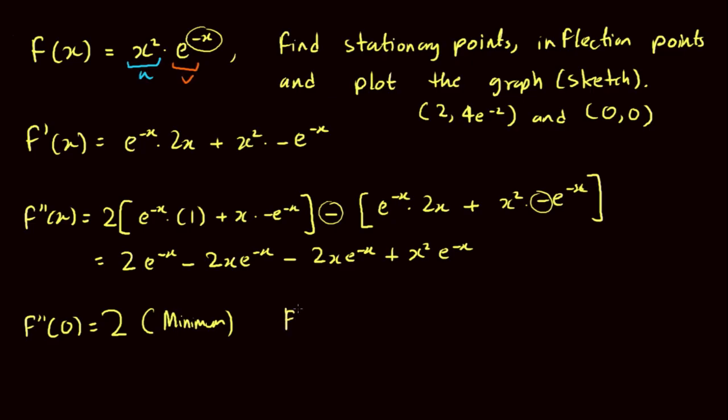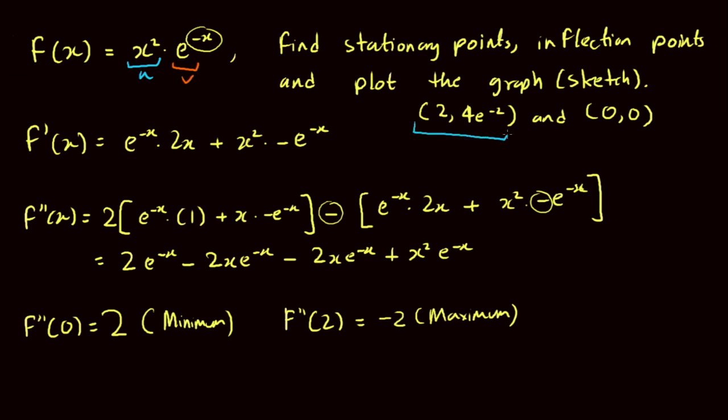And we know that f double prime 2 would give me what? Would give me 2 minus 2 times 2 minus 2 times 2 plus 2 squared. How much should that be? Negative here. So I'll end up having a negative 2, which will obviously give me a maximum. Okay, so there's already some information we know, right?